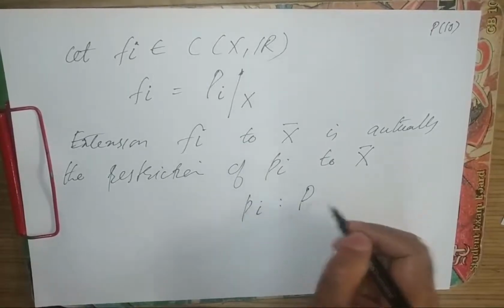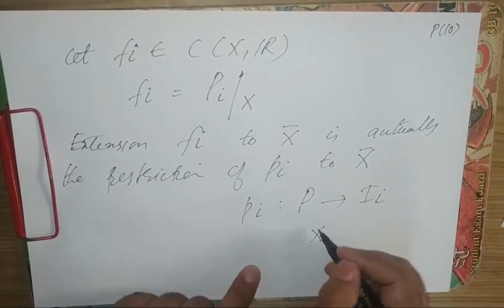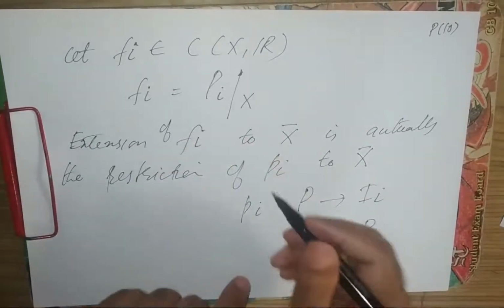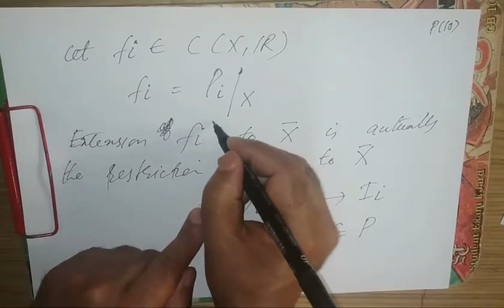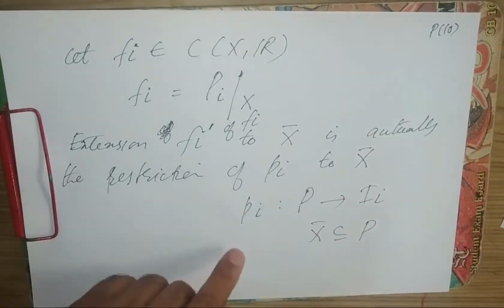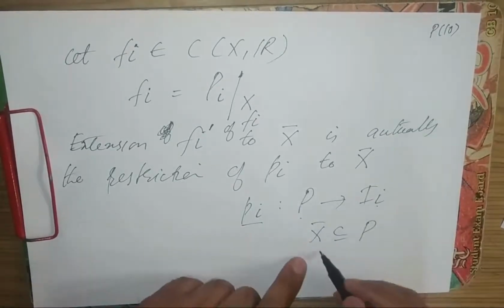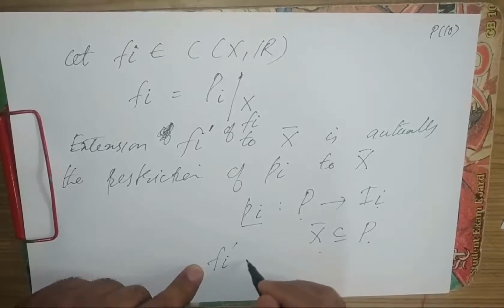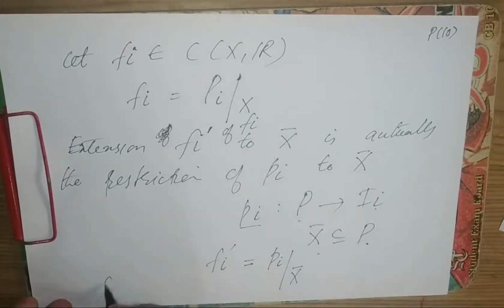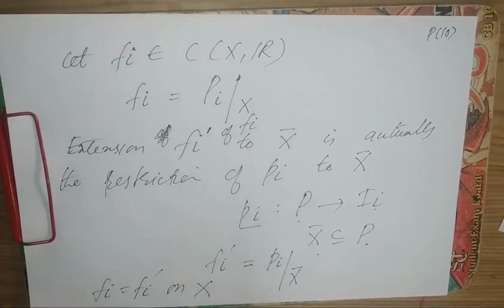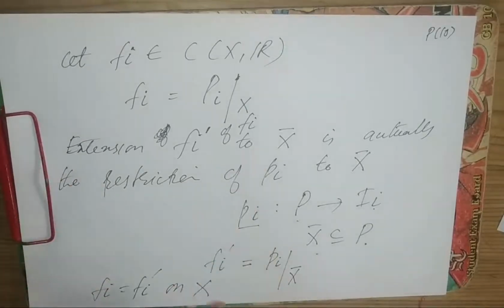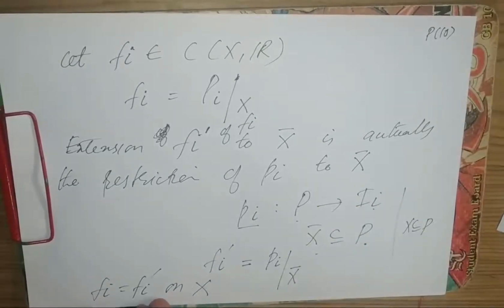They are mappings from P to I, and X closure is a subset of P. So if I denote the extension of fi by fi dash, the extension fi dash of fi to the closure is the restriction of Pi to the closure, because Pi is a map from P to I and the closure is a subset of P. And it's trivial that fi is the same as fi dash on X, because both are restrictions of Pi: fi is the restriction of Pi to X, because X is also a subset of P, and fi dash is the restriction of Pi to the closure.